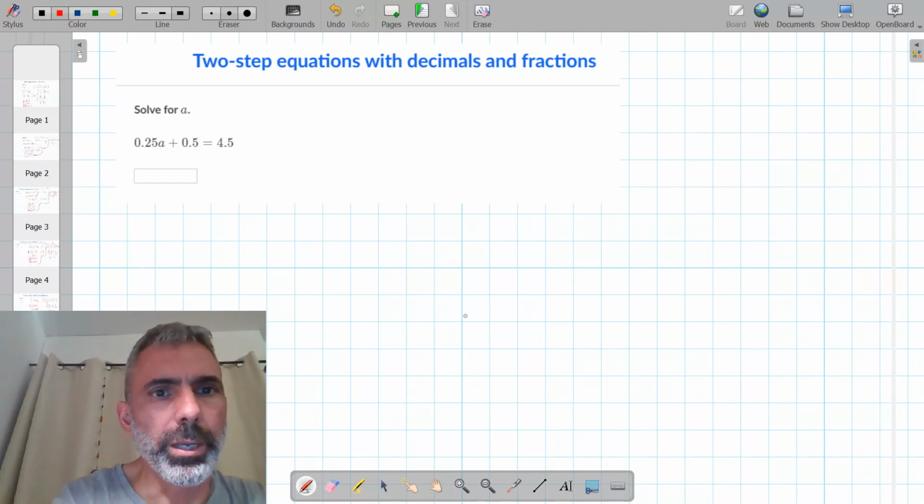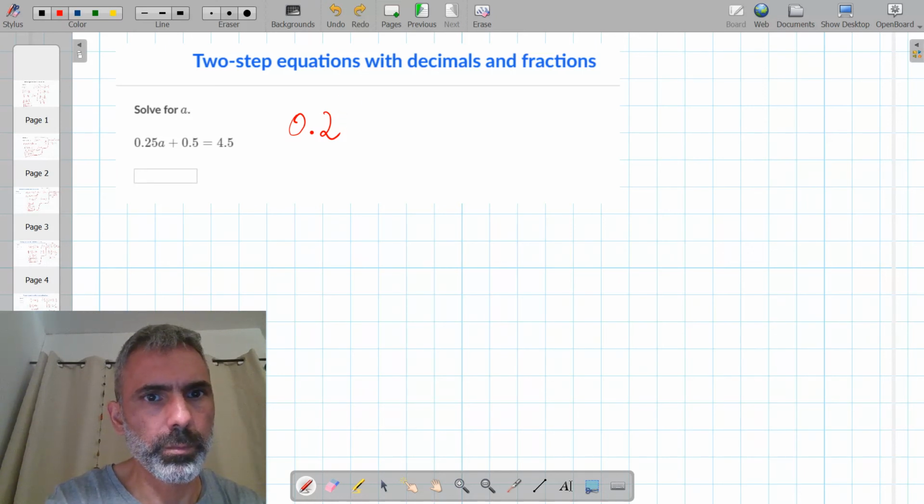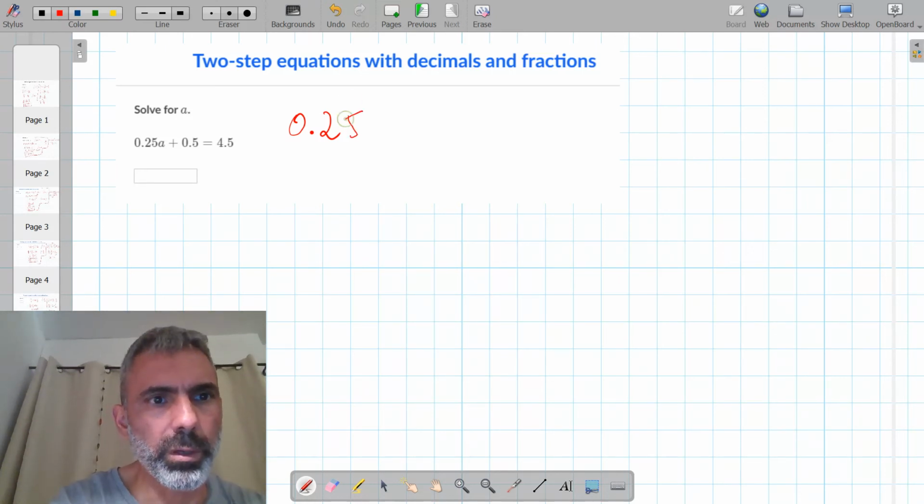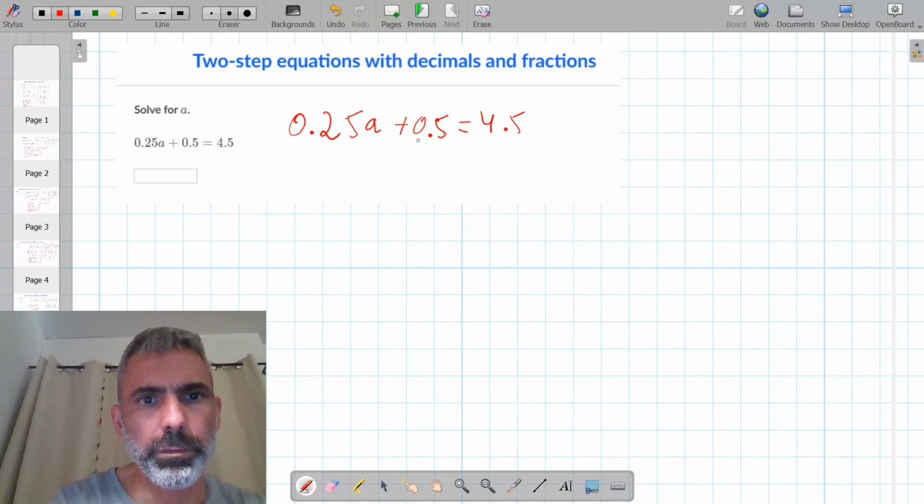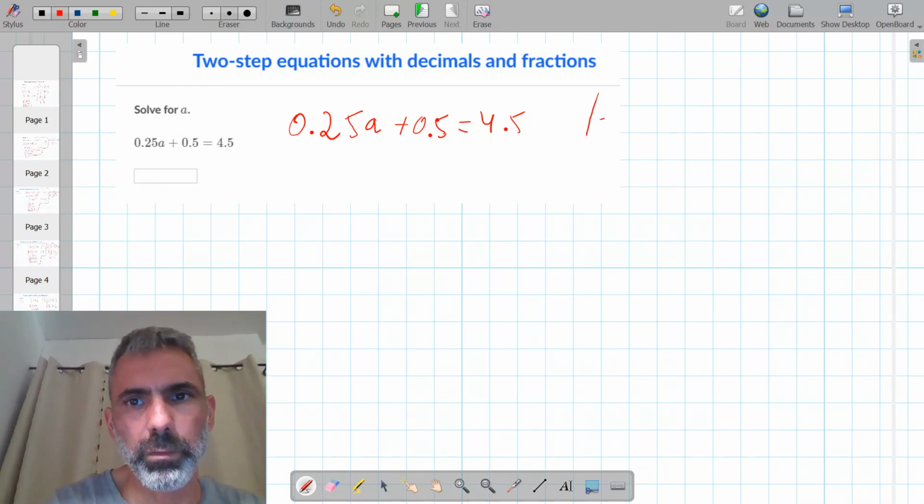Solve for A. So 0.25a plus 0.5 equals 4.5. So the first thing will be to subtract 0.5 from both sides of the equation.